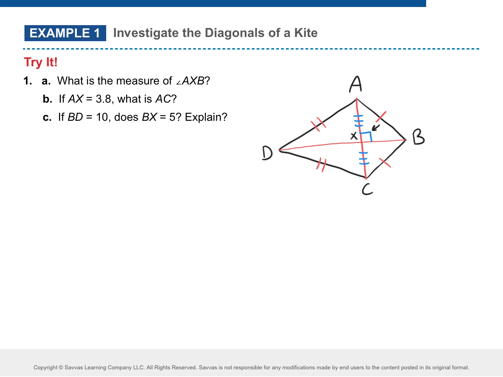It says, what is the measure of AXB? It will help if you start to draw these, or you're looking for different angles. So AXB is here. What's that angle measure? 90. Yep. So the measure of angle AXB is 90. Letter B says if AX is 3.8, it wants to know what AC is.